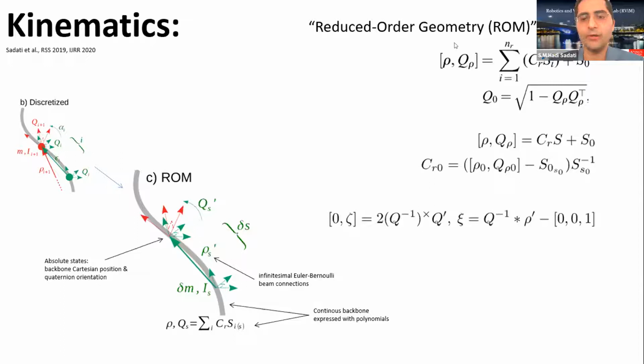You can define the orientation and position based on separate polynomials. Then you need to use the inverse kinematic map to find the strains based on the parameterized shape that you've introduced. Based on these polynomials, we know the current orientation and position, so we use this inverse map to find the strains that we need for calculating the deformation energy of the system.